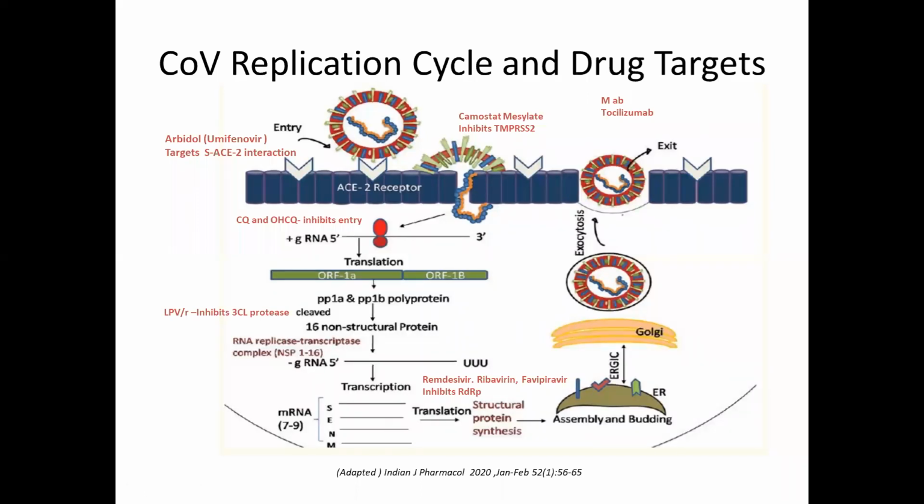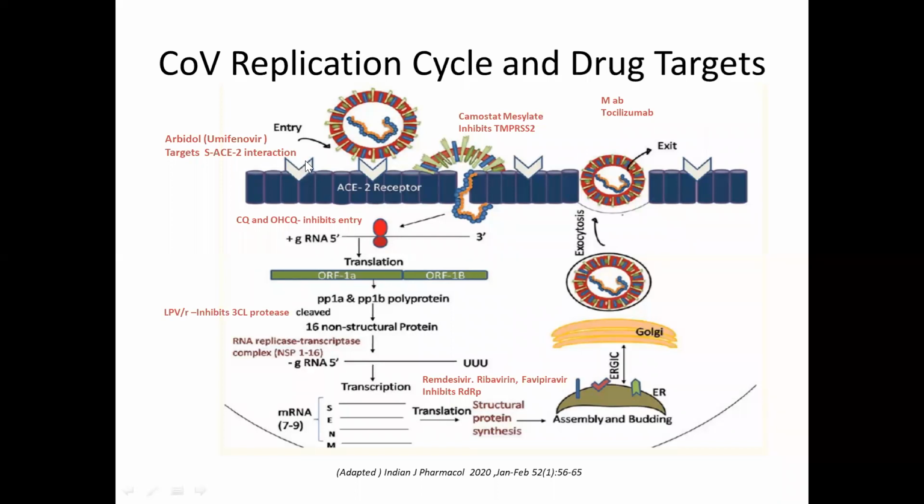Now the difference between this virus and HIV is that the SARS-CoV-2 virus has proofreading, and so it can correct for some of the mutation errors, and particularly that will be important when you're considering drugs that act like ARVs. So based on that understanding of the cycle, we can see where we can target drugs.